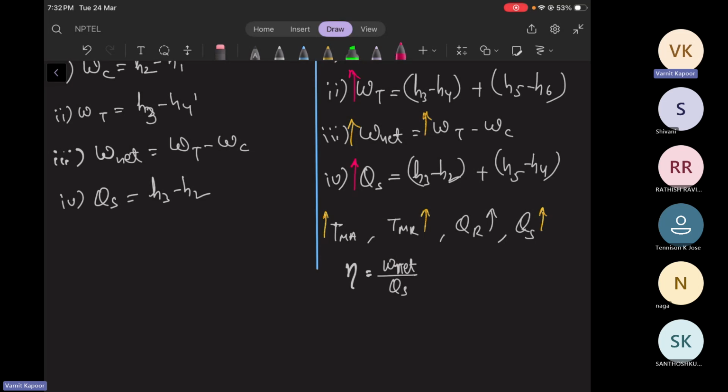So there is a possibility when heat supply is much higher compared to the net work output, the efficiency could have decreased at that point of time. The heat supplied is much higher compared to the net work increase. So this is a possibility. And mean pressure ratio is also decreased. So earlier the pressure ratio was from 3 to 4 dash.